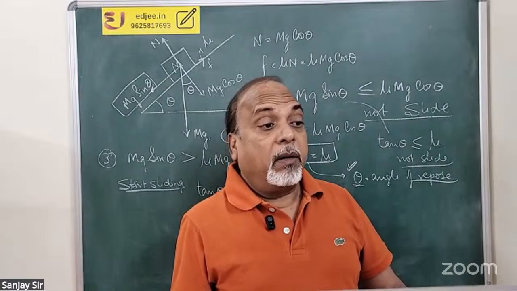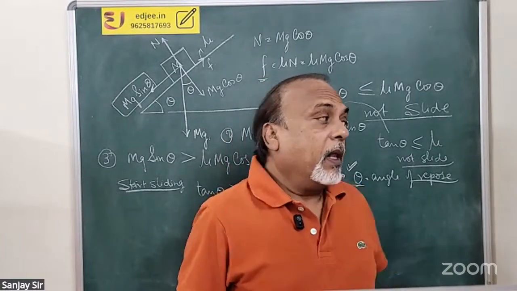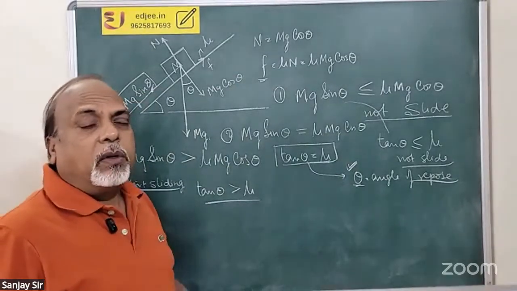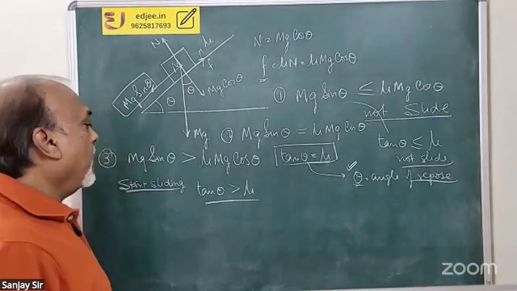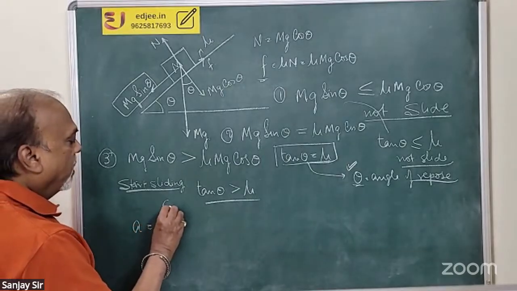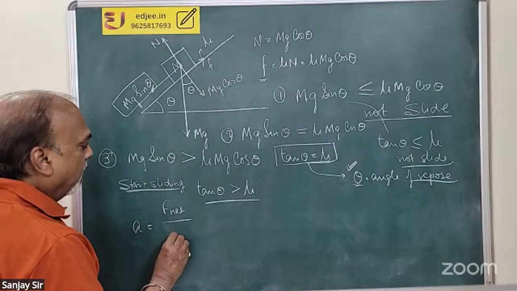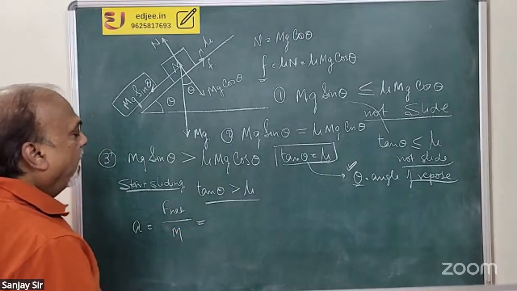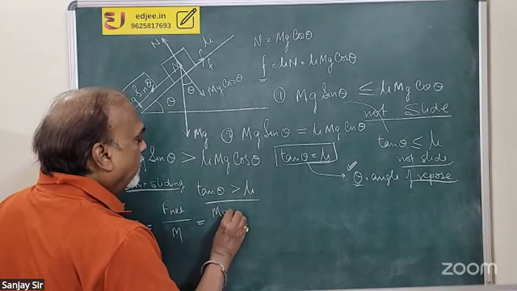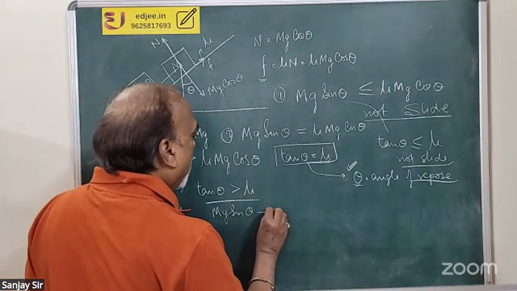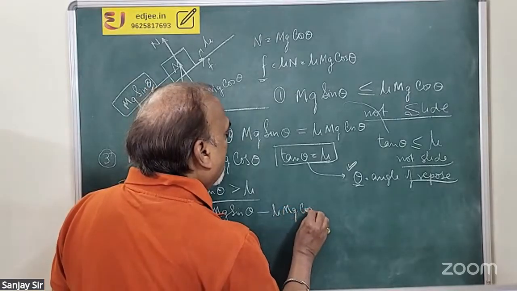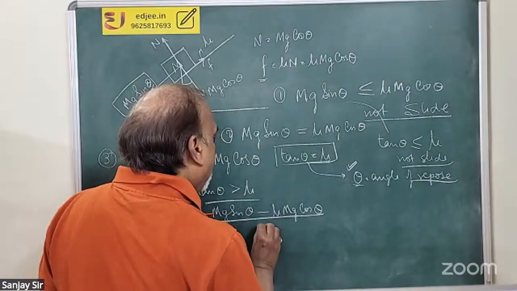Now, since it has started moving, my next question is, what will be the acceleration of this? Acceleration is nothing but F net divided by mass. What is the F net acting on the block? mg sine theta minus mu mg cos theta, divided by m.